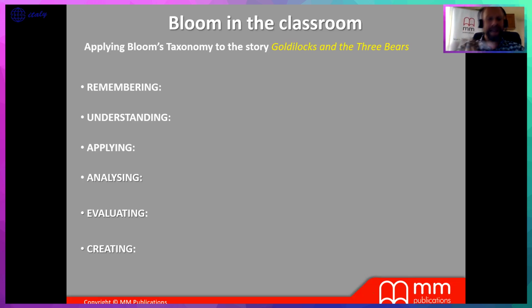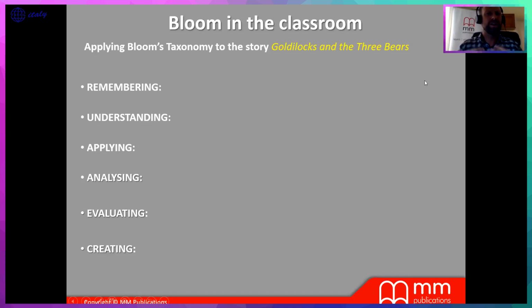I want you to pick one of these levels, level 1, remembering, level 2, understanding, and submit in the chat box a question that could more or less show a level, that could be depicting the level of this specific story. Through the chat box, I'm going to be looking if you have any ideas on what would be suitable questions for remembering, understanding, or applying, analyzing, evaluating, and creating when it comes to Goldilocks and the Three Bears.